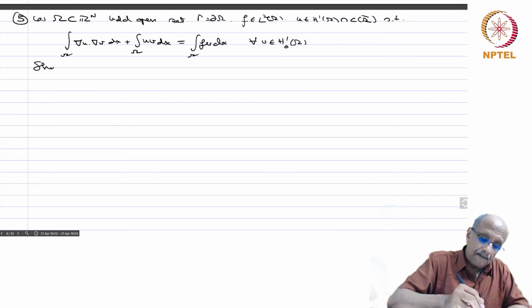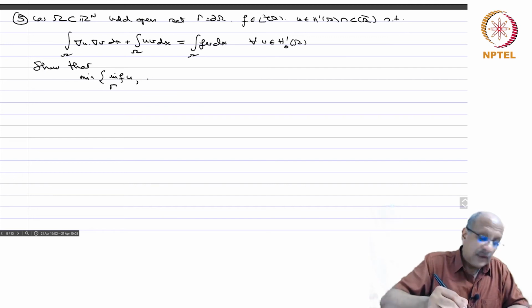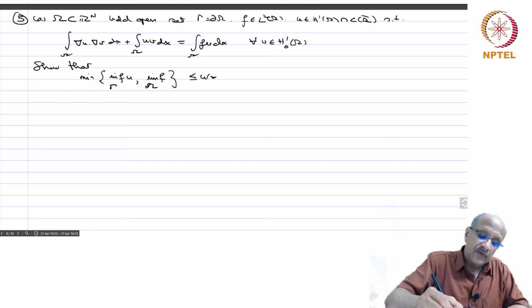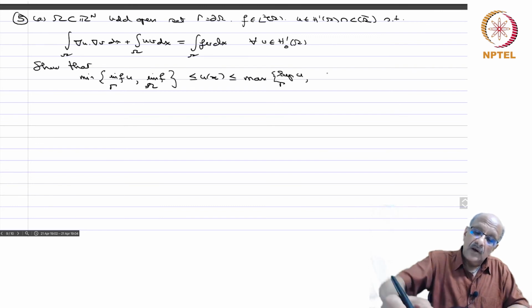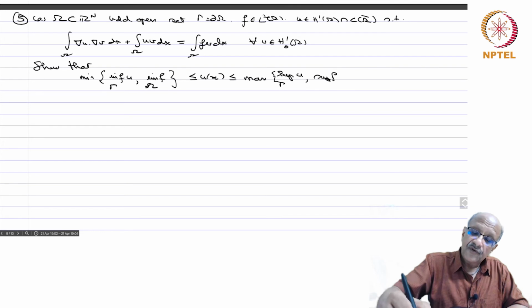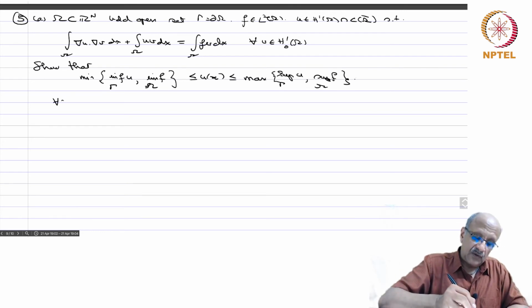Show that minimum of inf u over gamma, inf f over omega is less than or equal to u of x, less than or equal to max of sup u over gamma, sup f over omega, for every x in omega.